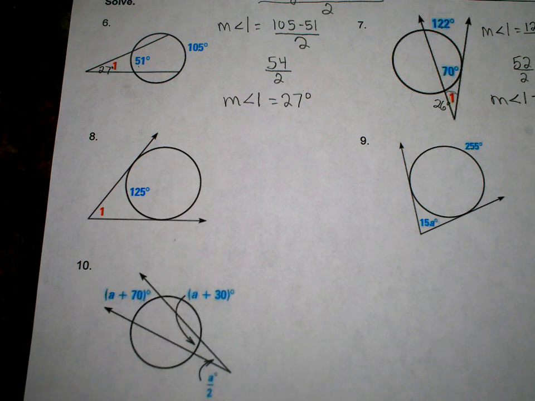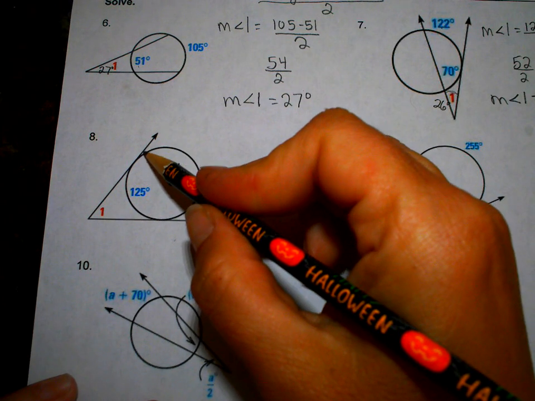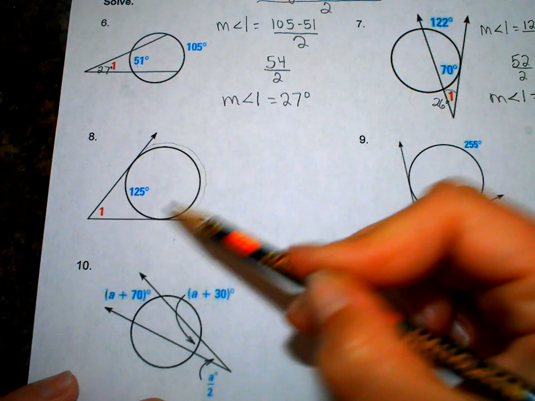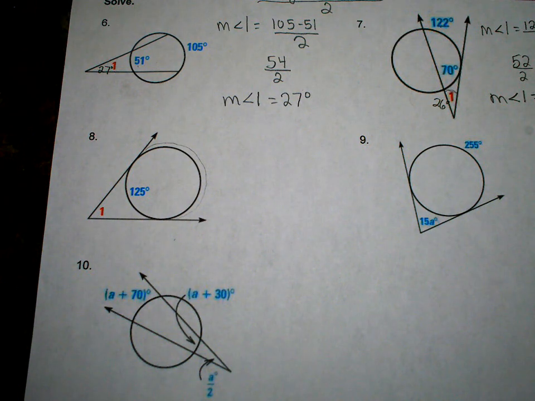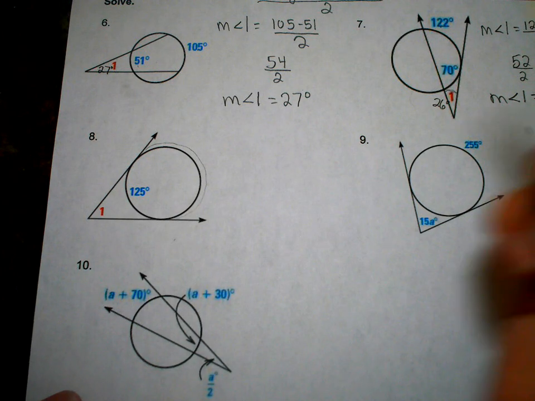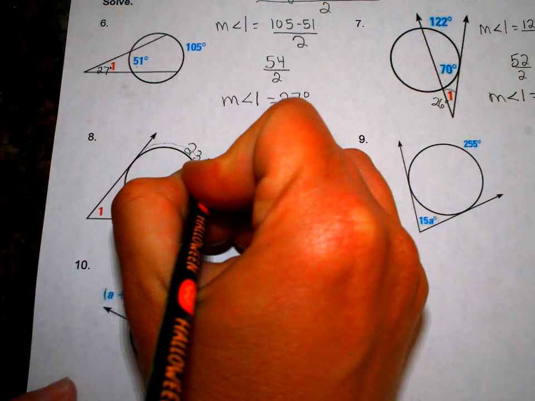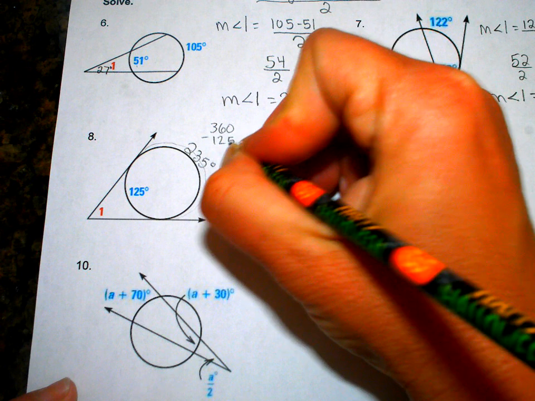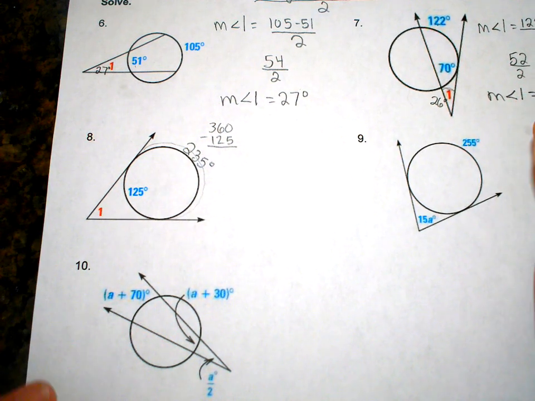All right. Number 8 is good because on number 8, I only have a portion labeled. I only know that part of my circle is 125 degrees. That means that I do not know this one. But a whole circle is how much? So you need to do 360, take away 125. 360 minus 125 is 235 degrees.